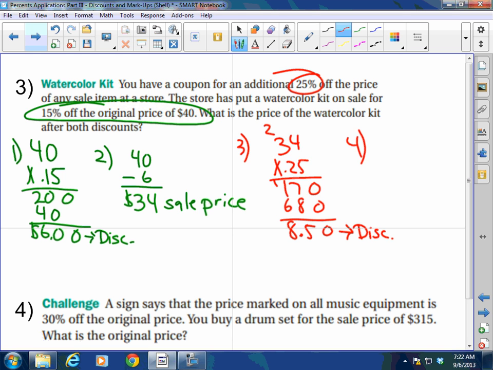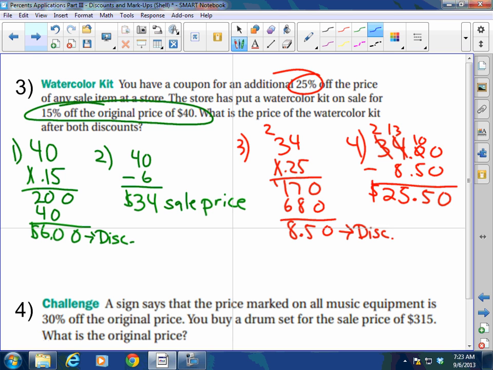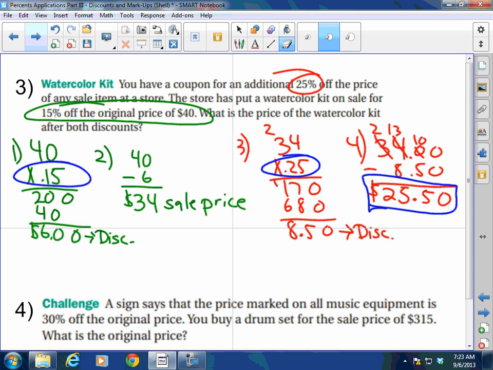So now step 4, $34 minus $8.50. $25.50 is your final price after both discounts. Okay? That would be method 1.